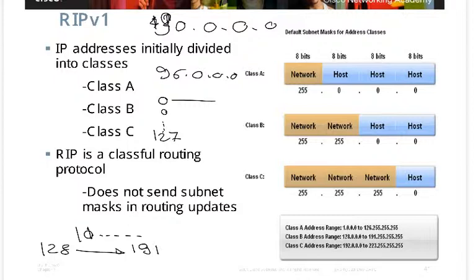So again, RIP is a classful routing protocol, which means that it does not send subnet masks in the routing update.